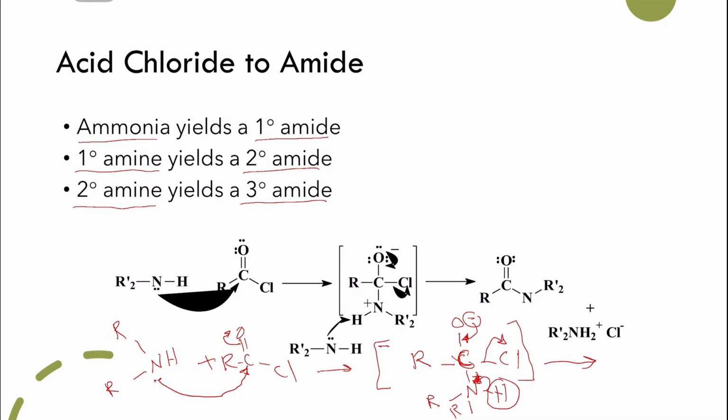So we end up with a tertiary amide and an amine salt, because there are extra amines in the reaction mixture, so they will act as a base and react with the hydrogen chloride to give you a salt, because we know from last lecture that amines are bases and they react with acids to give amine salts.